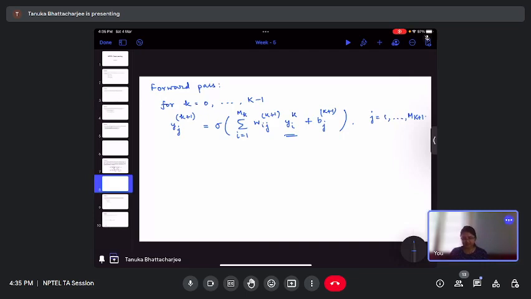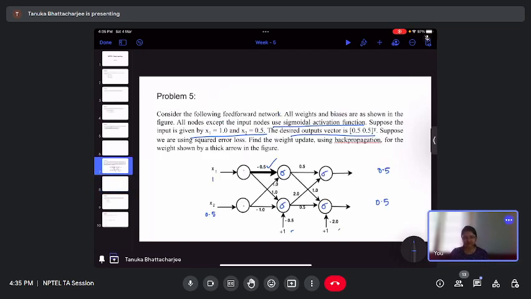Now, in our case, this is the neural network. This input layer is your 0th layer, so these outputs are basically y1 0 and y2 0.